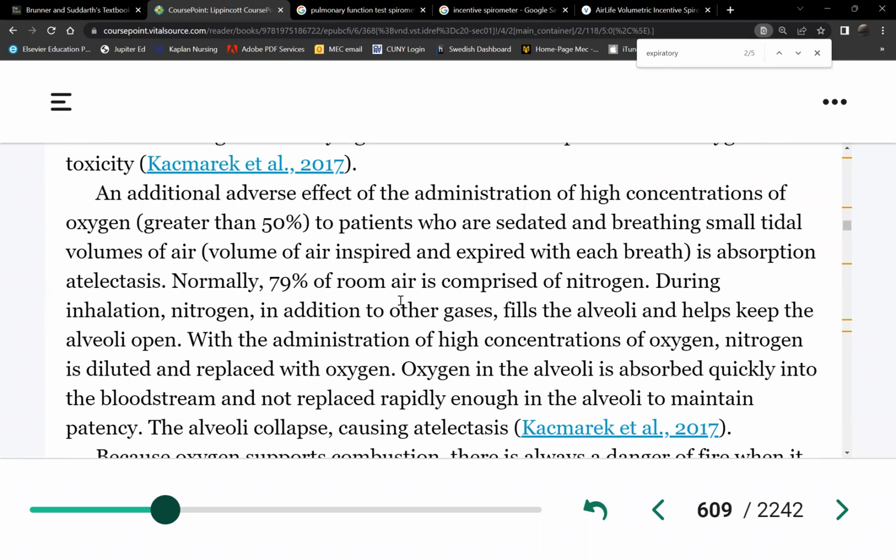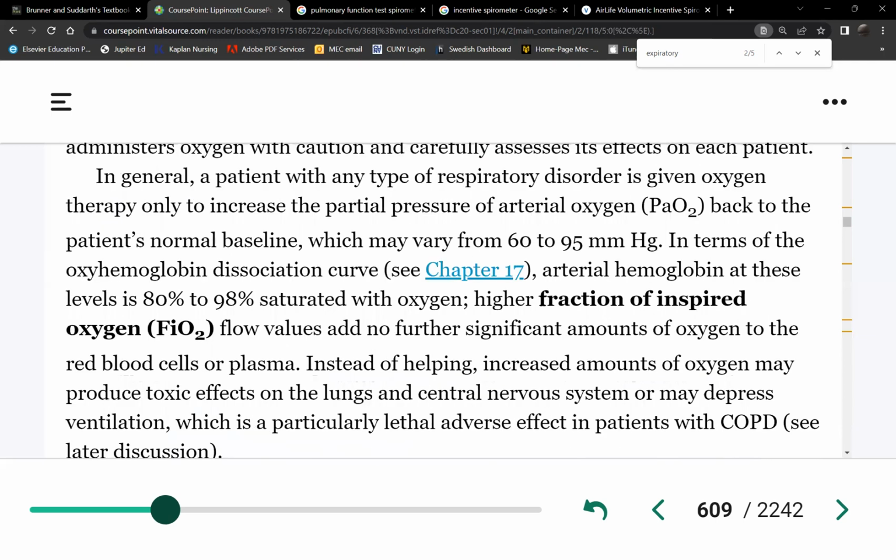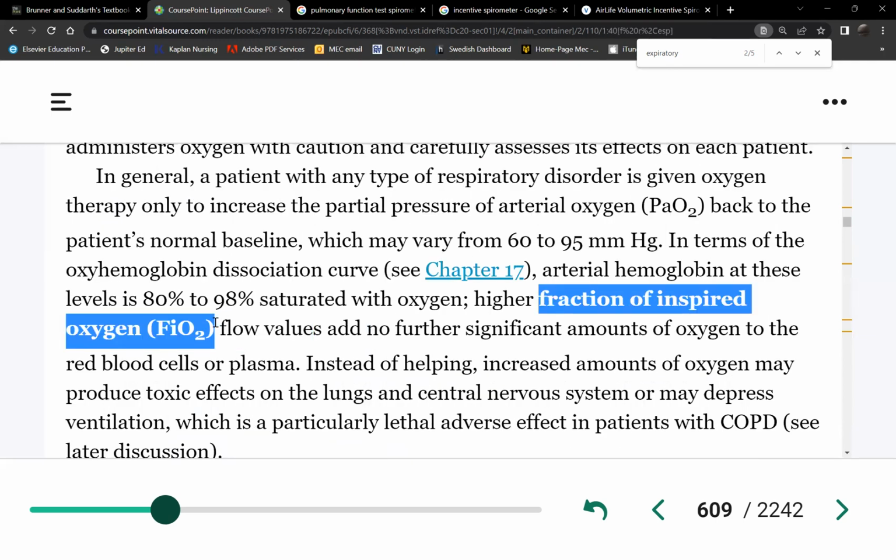Let me explain one more concept. So when we say FiO2, what does that mean? Fraction of inspired oxygen. How come it's a percentage? 21%, 24%, 100%. What is this really talking about?